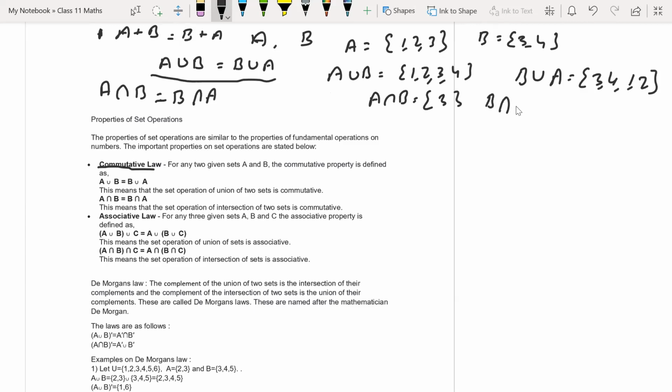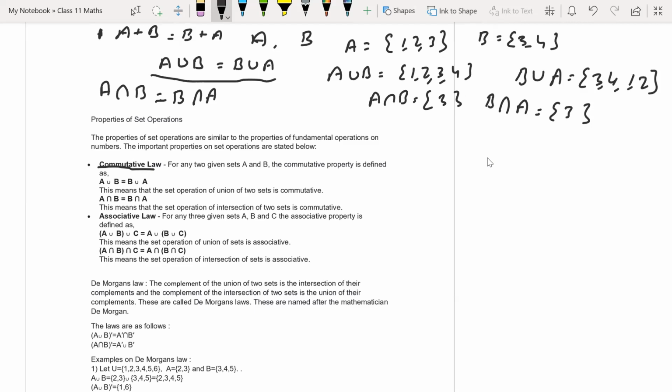For B intersection A, the common element is 3. Hence, we can say that A intersection B is equal to B intersection A. It means the set operation of intersection of two sets is commutative.